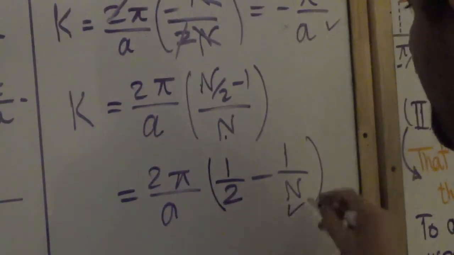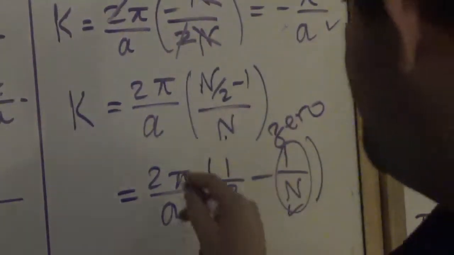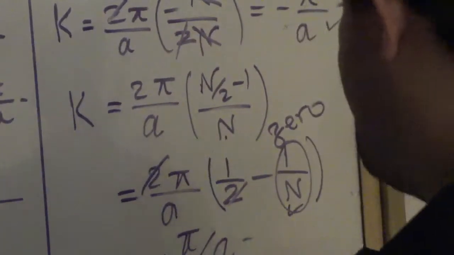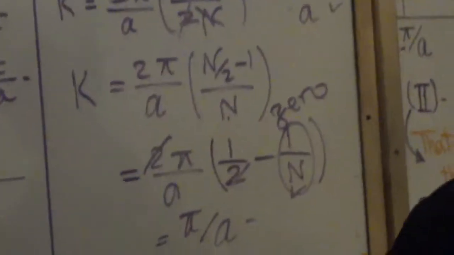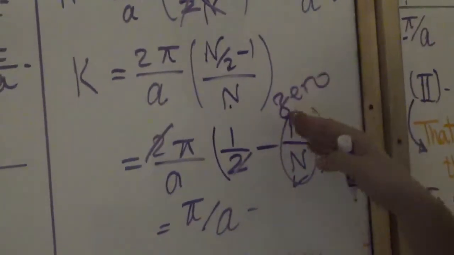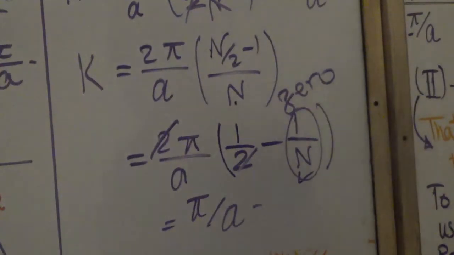If N is a very large number, the whole thing is equal to 0, and you will see the result is pi over a. So these are the k values: we have minus pi over a and we have pi over a. That is very nice.